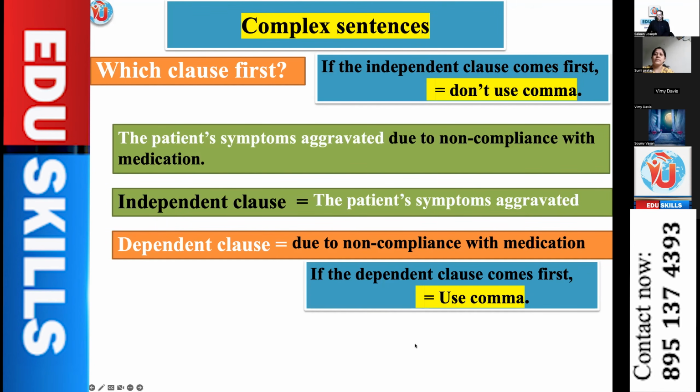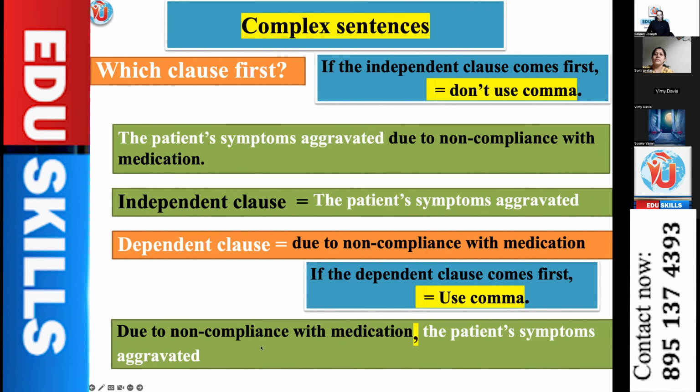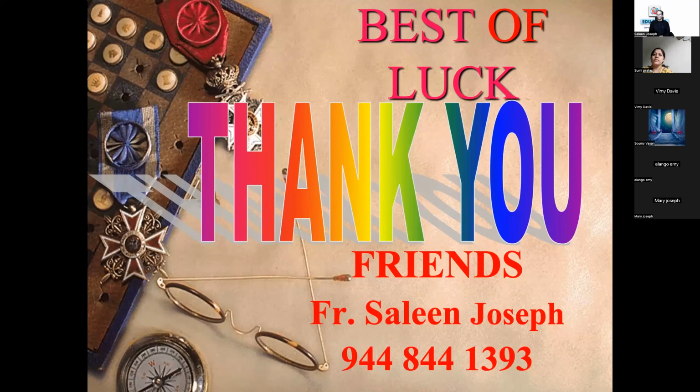If you are writing the dependent clause first, you have to use the comma. Here you see the same sentence written in a different order: "Due to non-compliance with the medication," which is the dependent clause, comma, "the patient's symptoms aggravated," which is an independent clause. Okay, that's it. So we have seen a good many examples, and what you have to do is practice for your competency.